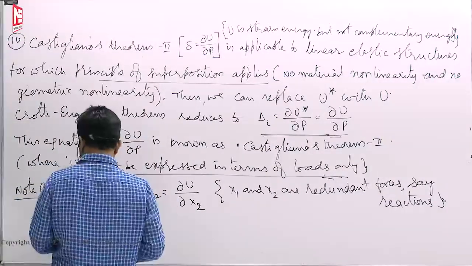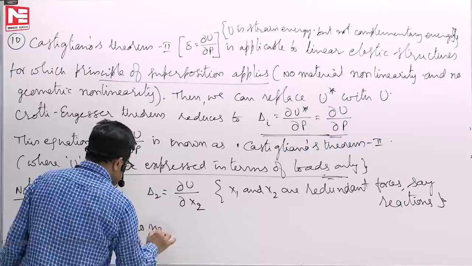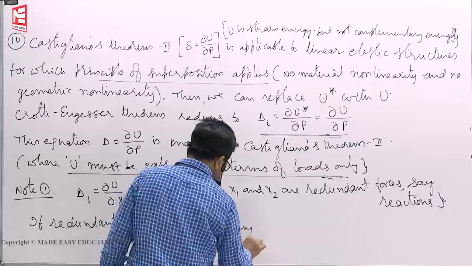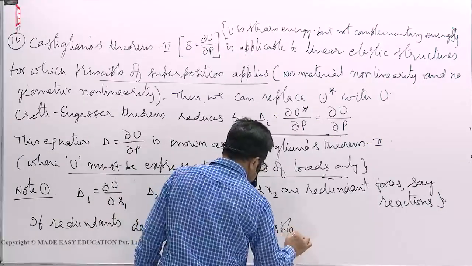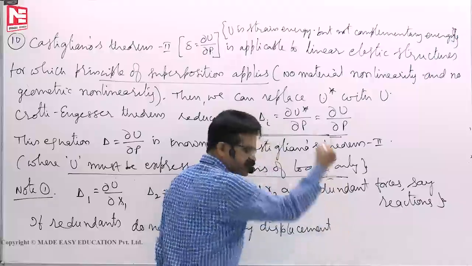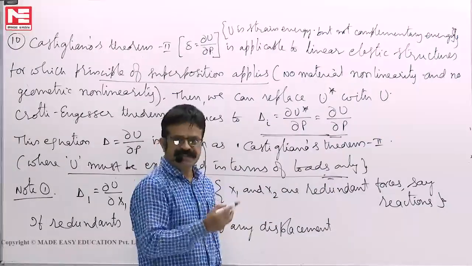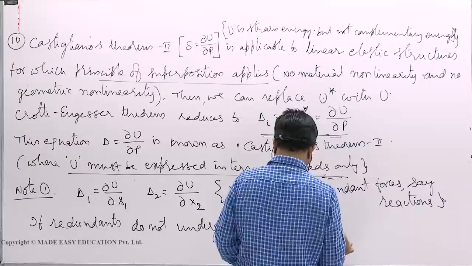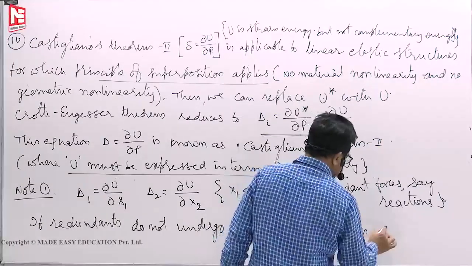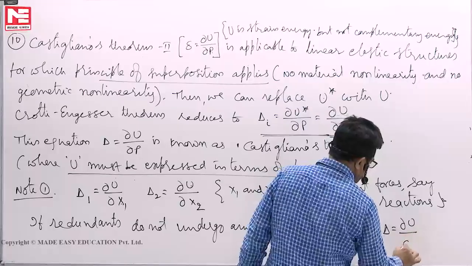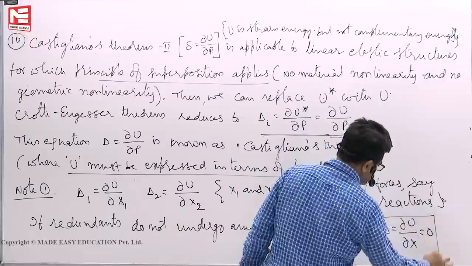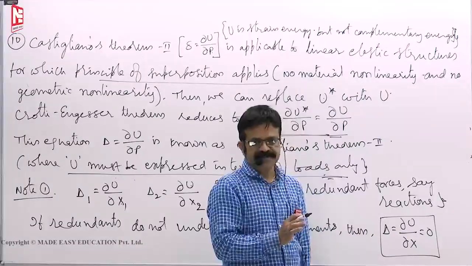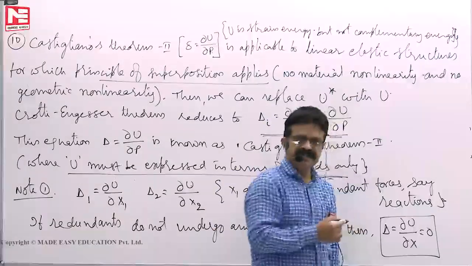If redundants do not undergo any displacement, that means there is no support settlement, then displacement is 0. Then I can write delta is equal to dou U by dou x is equal to 0. If this x does not undergo any displacement, dou U by dou x becomes 0.